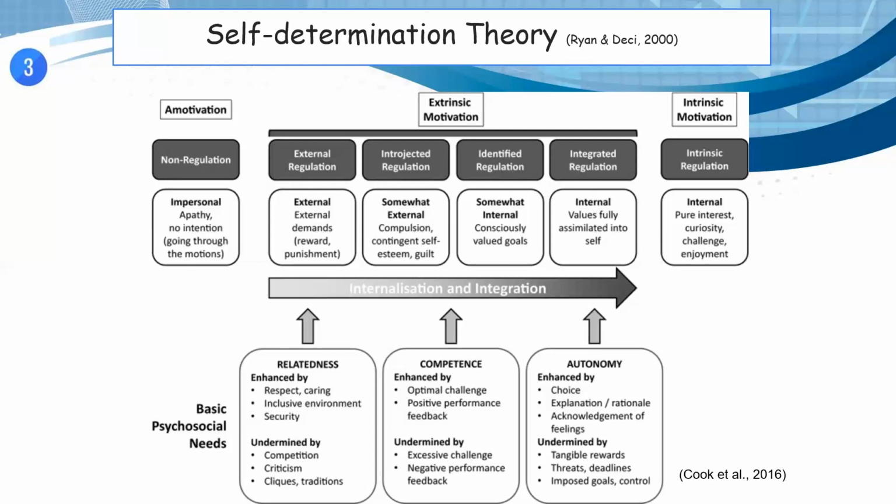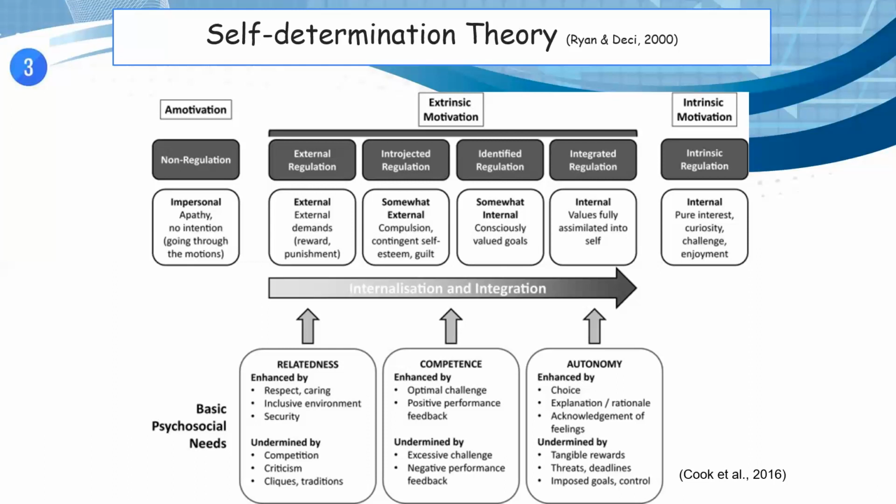The individual starts to place importance on the objective, on the preferred outcome of the task. So this form of regulation starts to become slightly more internal.